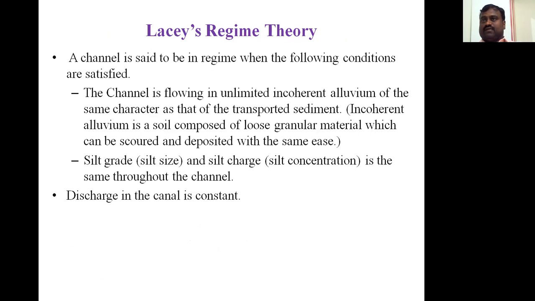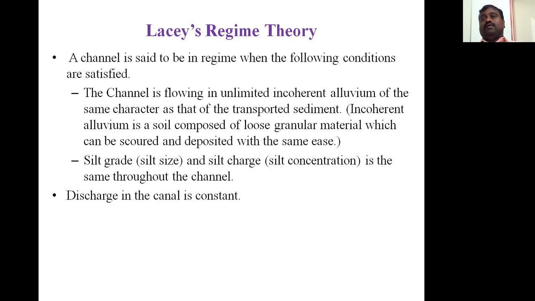After his study, we can say that this is a modified design method of channels. He gave a bunch of expressions to design the channel.